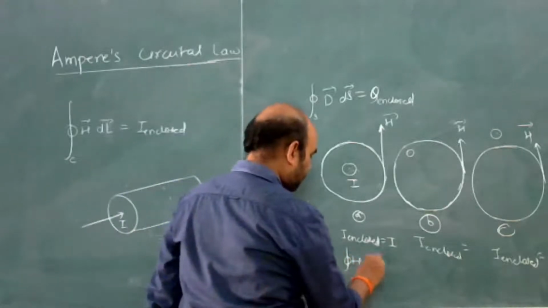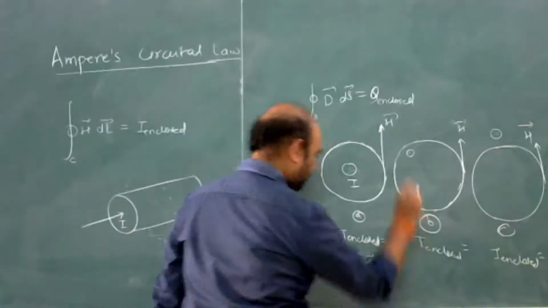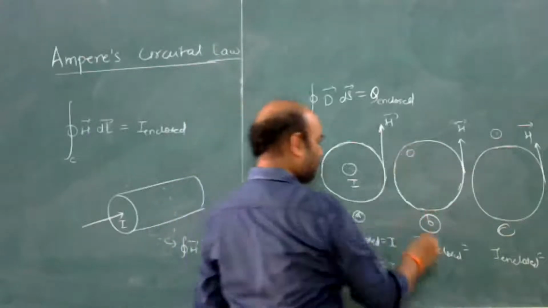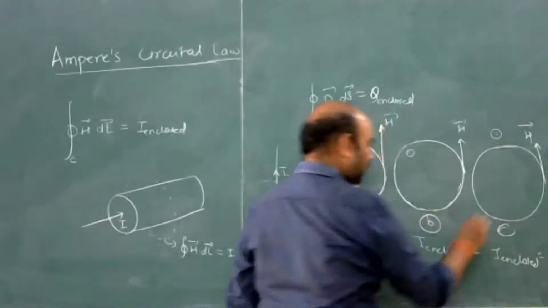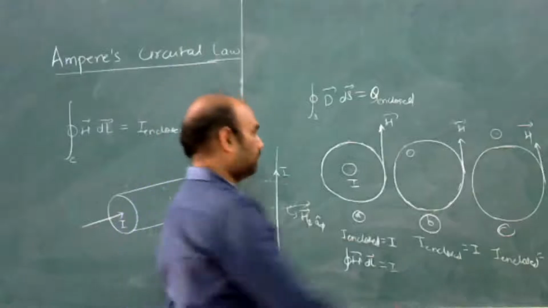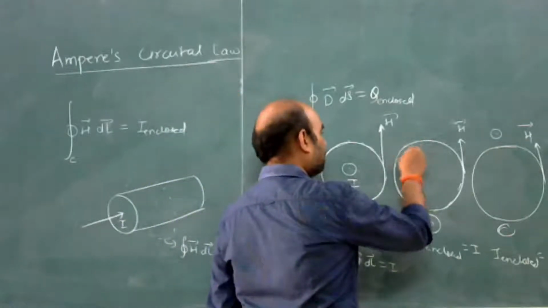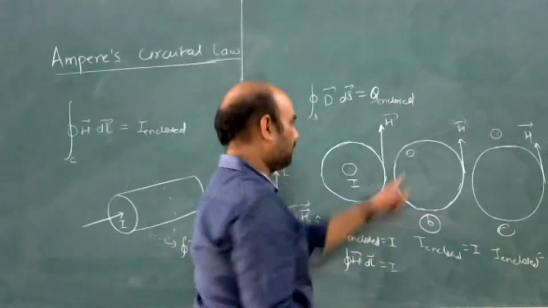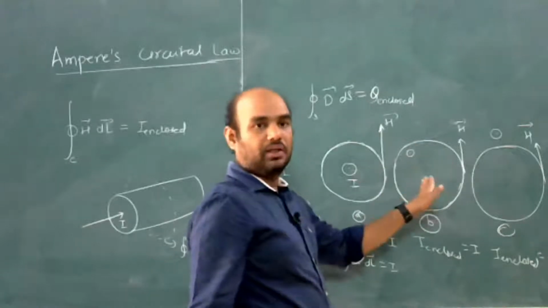H dot dl will be equal to I. In this case also, I enclosed will be equal to I only. It is independent of where the current conductor is kept, but it should be inside this loop.